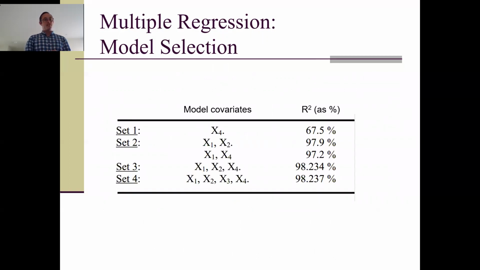Model selection, we can do that in several different ways. So we can think of the different sets that you would have with 4 different X variables. But as you can see, in this situation, the R squared, the predicted value of these different combinations, are displayed on the right. And as you can see, as you add more variables, you generally increase your explanatory power.